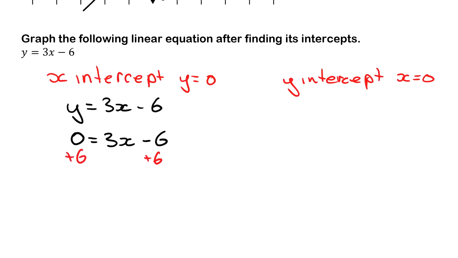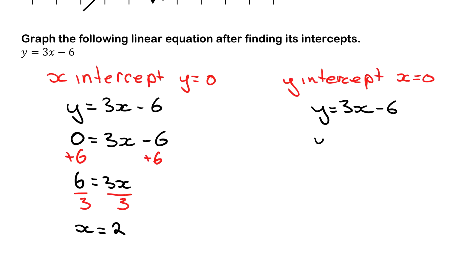By adding 6 to both sides, we get 6 equals 3x, and then we can divide by 3. So x equals 2. We do the same for the y-intercept. I write down the equation first, and then I substitute 0 in for x.